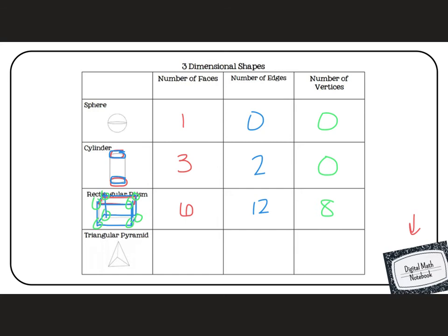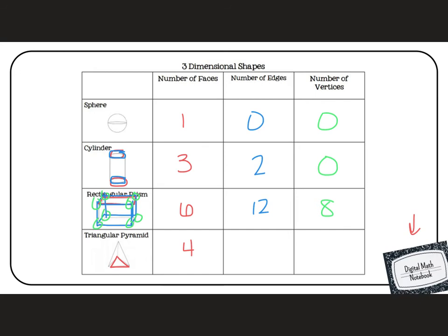Now our last shape has the base shape of a triangle, but it doesn't have 2 base shapes. It only has 1. It has a triangle on the bottom, but not a triangle on the top. So it has 1, 2, 3, 4 faces.